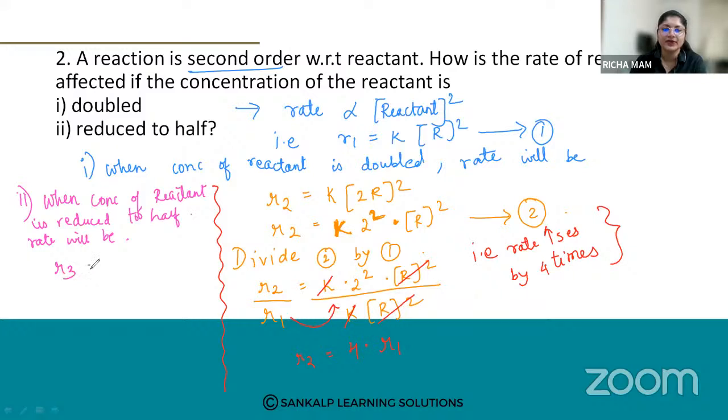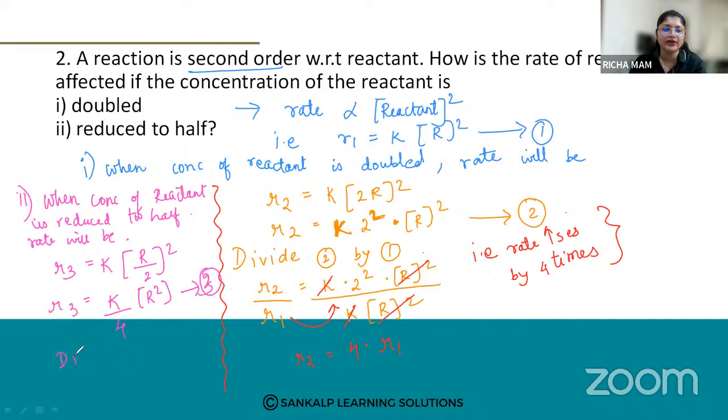R3 is equals to K into (R by 2) square. So when the concentration is reduced to half, R3 is equals to K R square into 1 by 4, which can be written as K by 4 into R square. So this is our first, second, and third one.